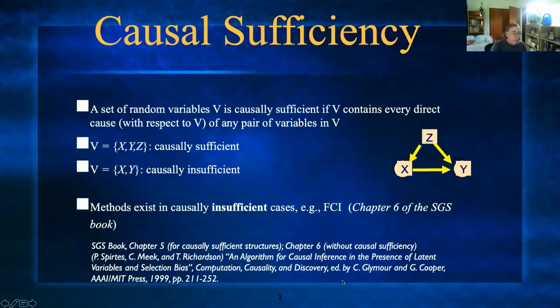Remember that I had defined causal sufficiency yesterday: a set of random variables is causally sufficient if the set contains every direct cause of any pair of variables in V. In this example, if the set of variables is x, y, z, and this is the graph, then x, y, z is causally sufficient, but x, y is not, because z is a cause of x and y, but it's not in the set.